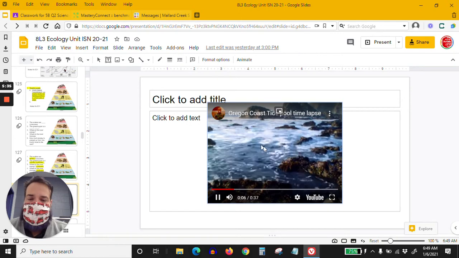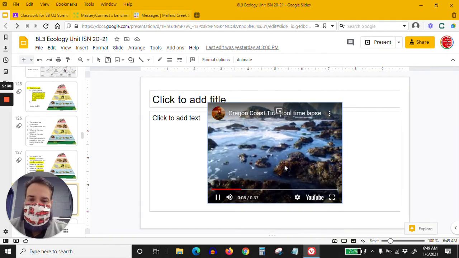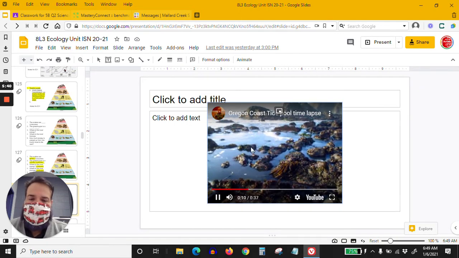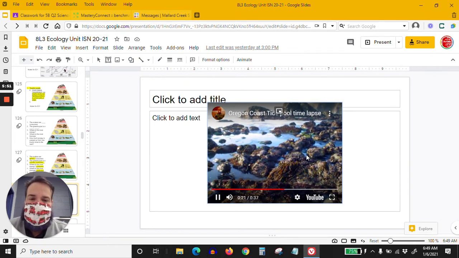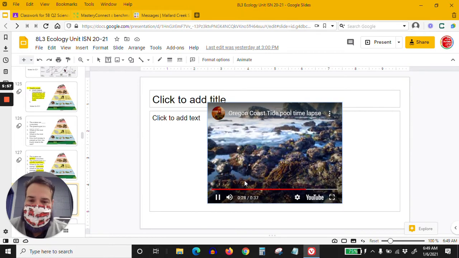And you have these waves coming in, probably during high tide. Now, you see that as the water is receding, that means high tide is going out and it's becoming low tide. But notice how in these rocks, there are little puddles of water. Those are called tide pools.